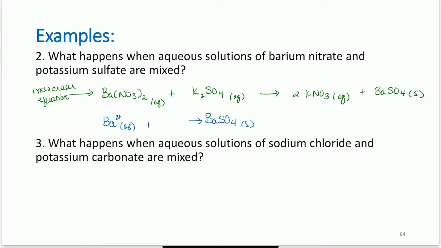Ba2+ and SO4 2-. And my spectator ions are potassium and nitrate. Specifically 2 moles of potassium, 2 moles of nitrate, but just the ions themselves, potassium and nitrate ions, are spectators.